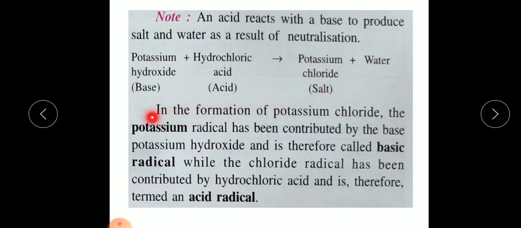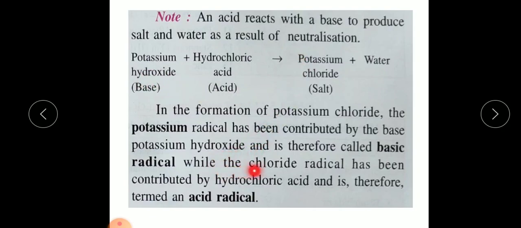In the formation of potassium chloride, the potassium radical has been contributed by the base potassium hydroxide and is therefore called a basic radical.